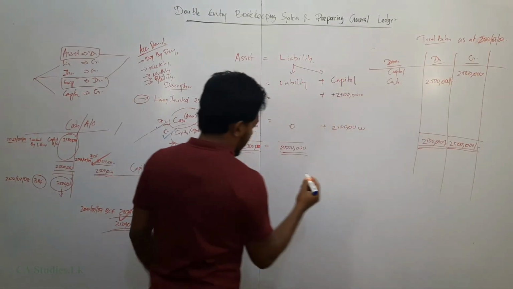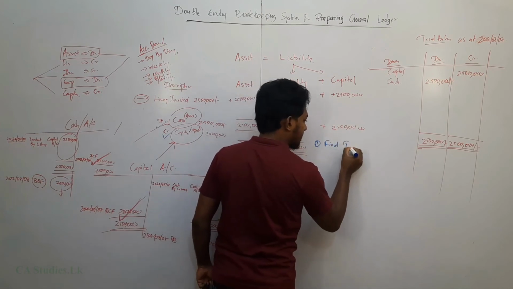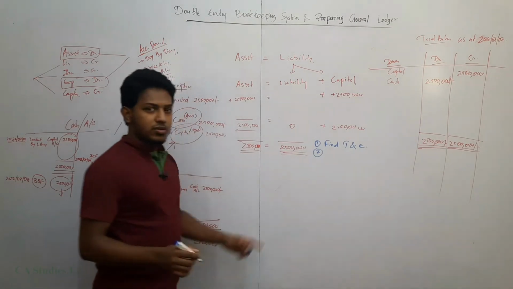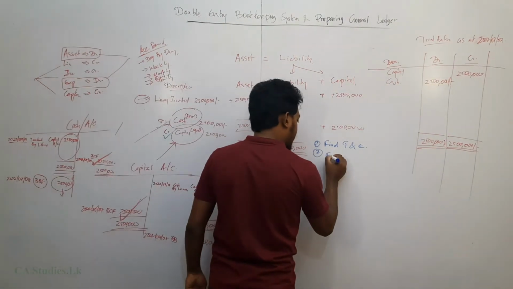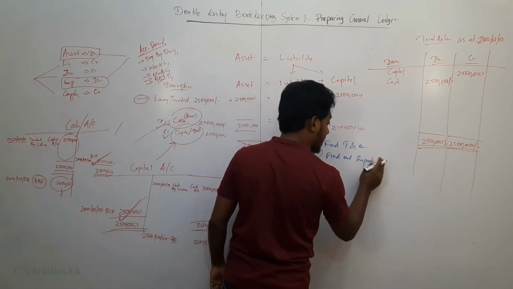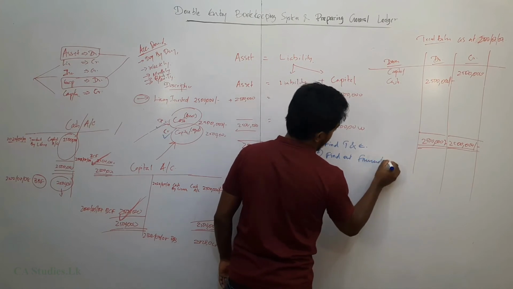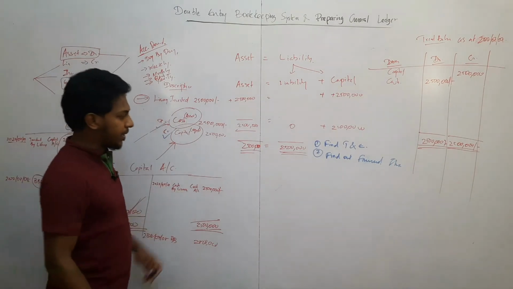First find out the transaction, find the transactions in the event. Once you find the transaction and event, find out the impact. Find out the financial item. Here the financial items are cash and capital.